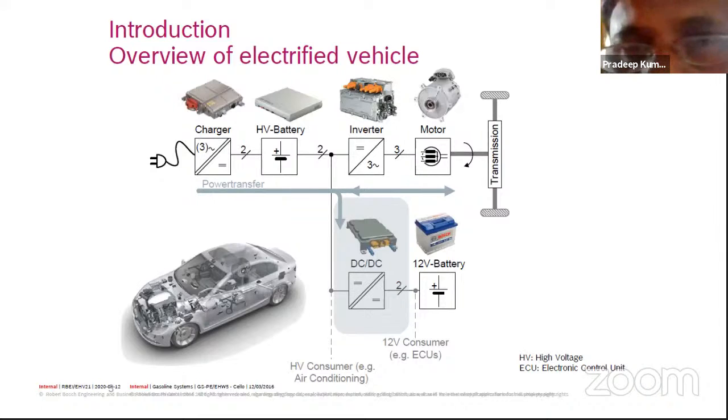Suppose you are driving the vehicle only 10 or 20 kilometers per day and you go for a fuel cell vehicle, that is not commercially viable in today's scenario. But hydrogen is going to be a future fuel, and you can also use hydrogen for combustion in an IC engine. So hydrogen as a fuel carrier can be used for many other applications.